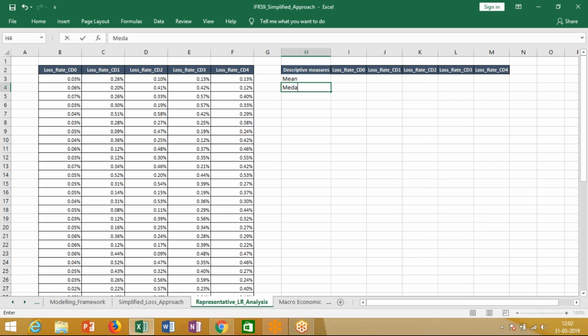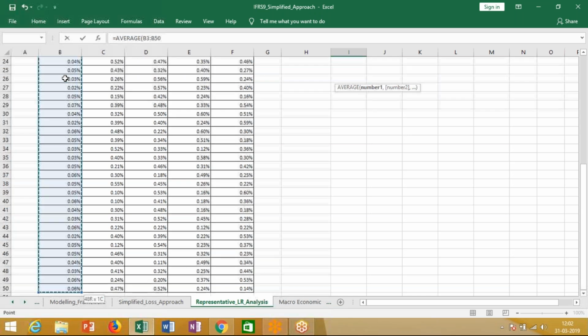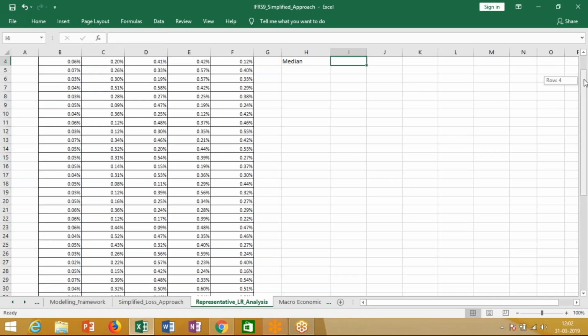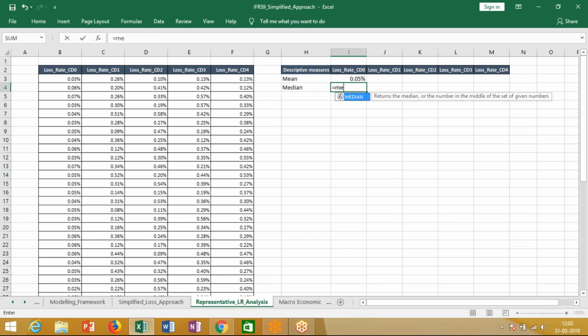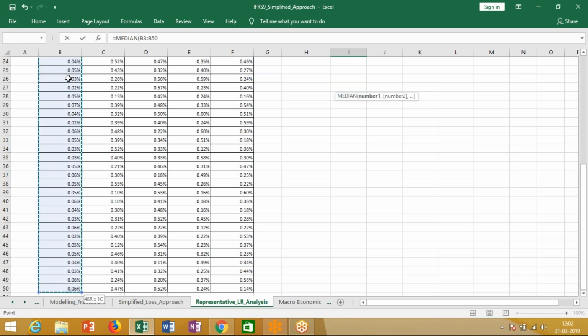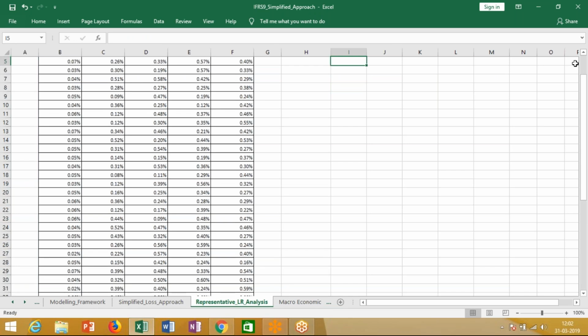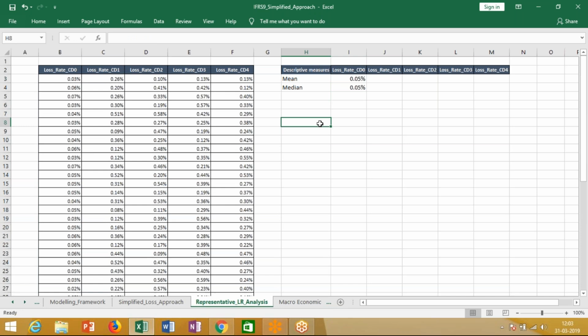Mean, I'll put in median, average. So more or less the median and the mode are coming close. Median is coming close by. So we're looking at the mode now.